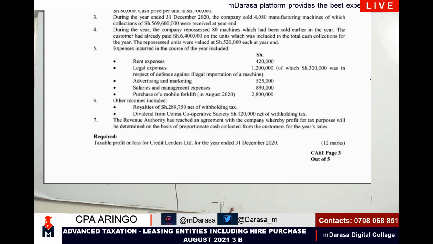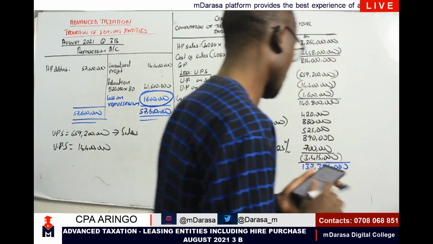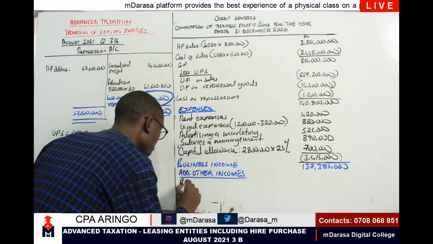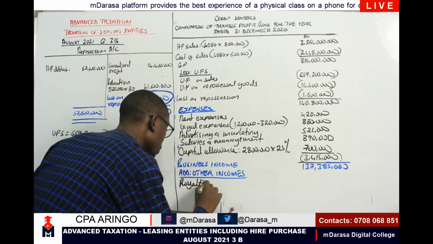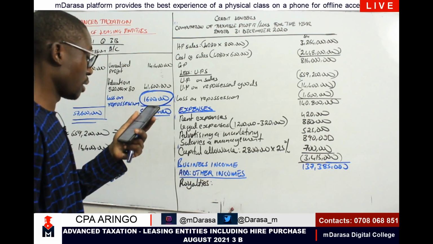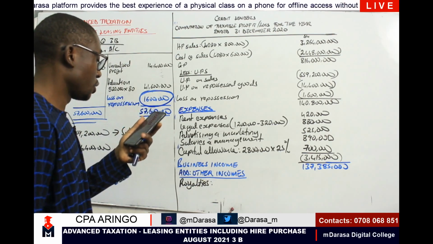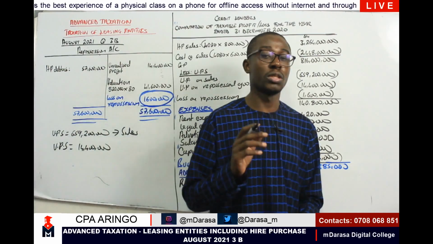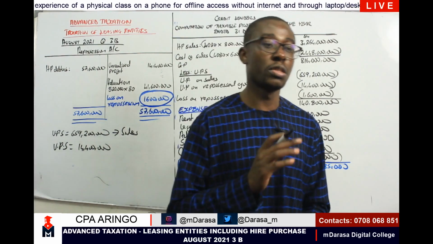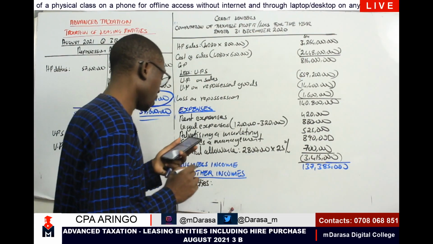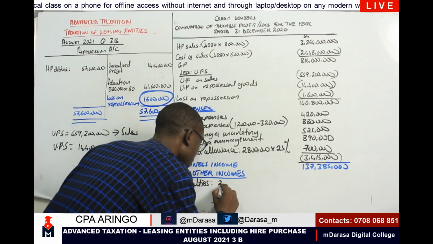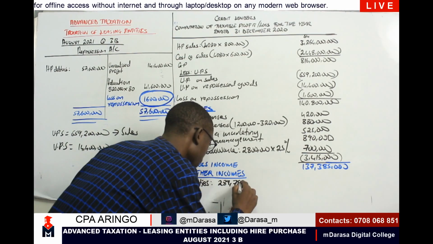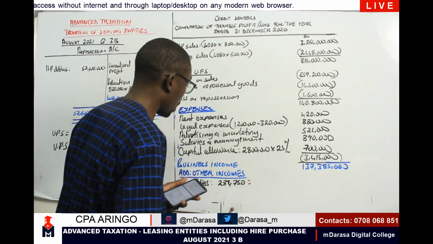So our other incomes, my good students, this is what we should have. Talk about royalties. We are given a figure of 289,750, which was net. Whatever we're supposed to take here, we're supposed to take gross. So 289,750 is our net.